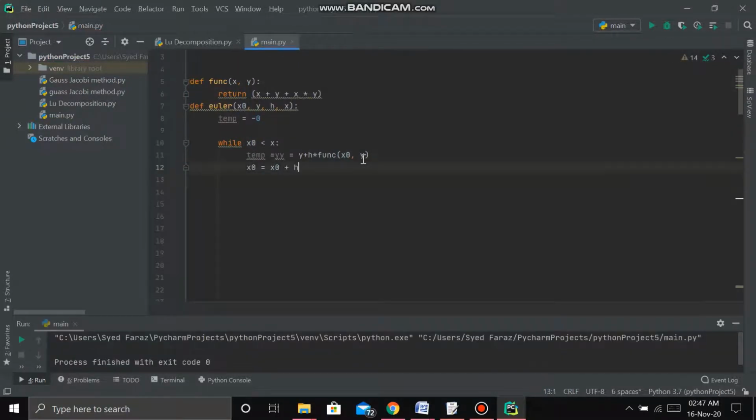We'll then print an approximation value.